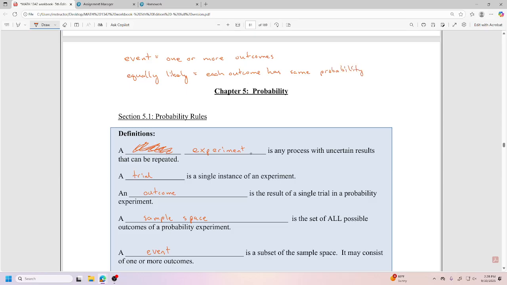Again, I wouldn't do this unless it's actually on your homework. And then we have impossible event, and that is an event where the probability is 0.